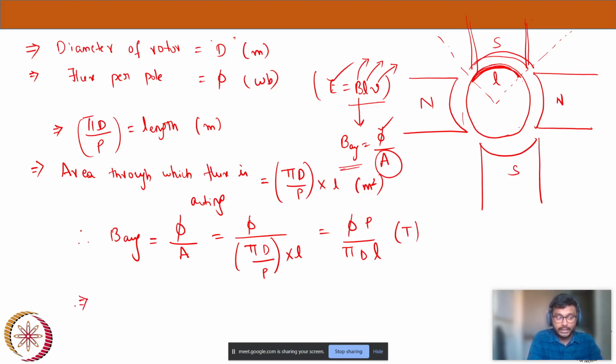Now let's calculate the velocity. We already said in the beginning that if we are rotating our machine with rotations per second, RPS, we will call it n. V is the linear velocity.